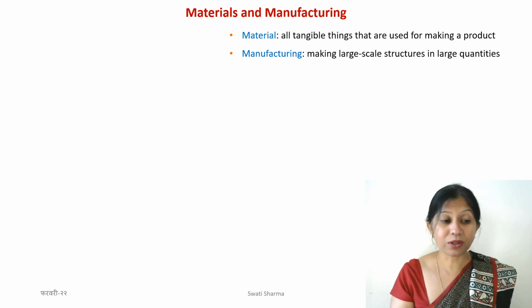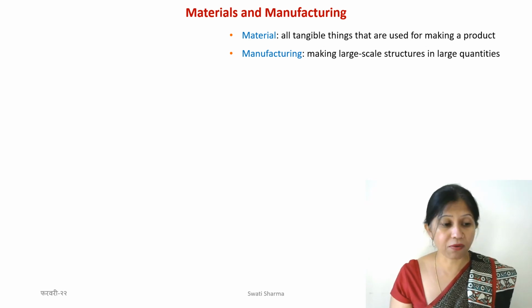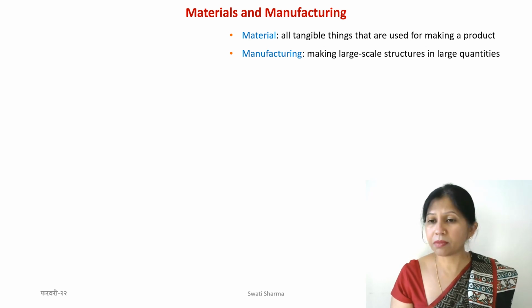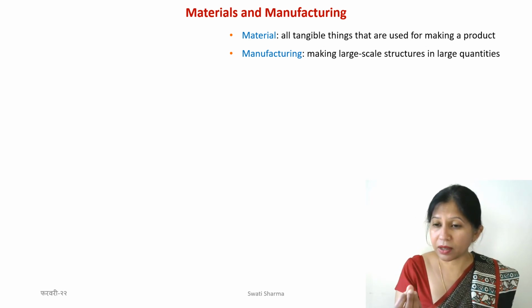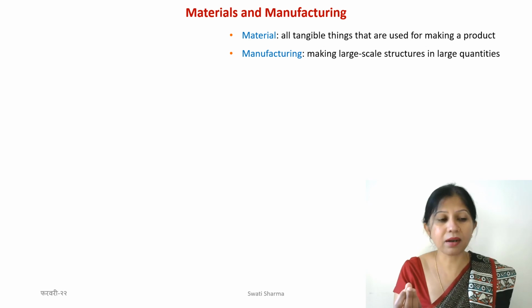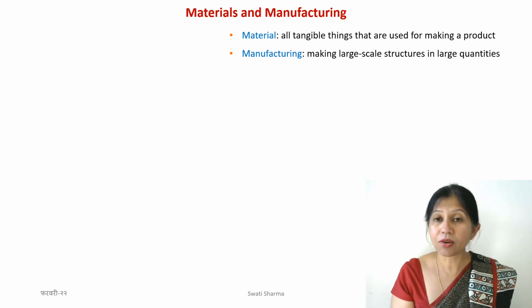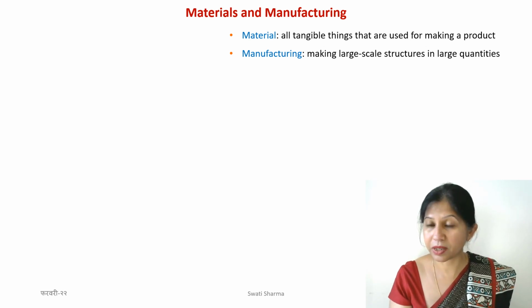But if you want to make, say, a part of a certain machine, or furniture, or some electronic goods, all of these come under manufacturing of tangible things, products that many of you utilize in your daily life. So this is what we call manufacturing here. This is what we are going to learn in this particular course.